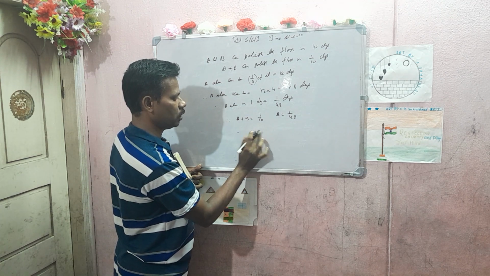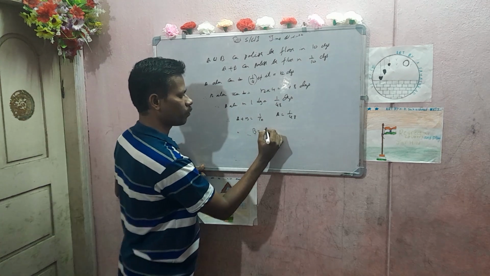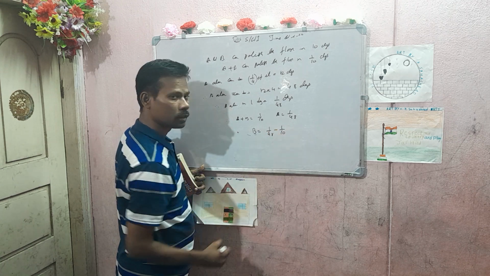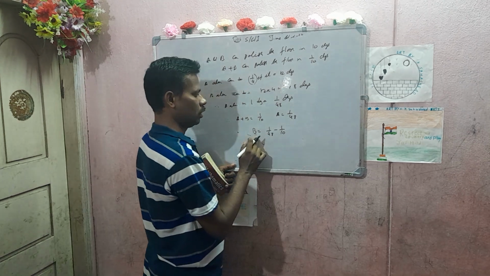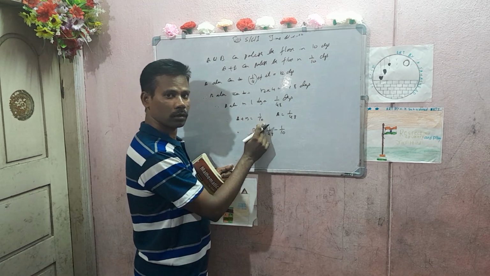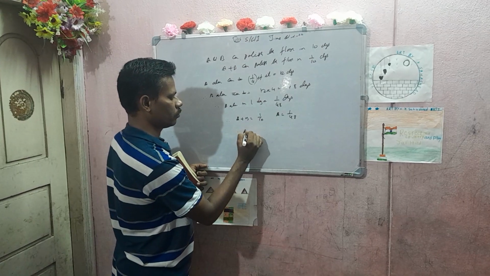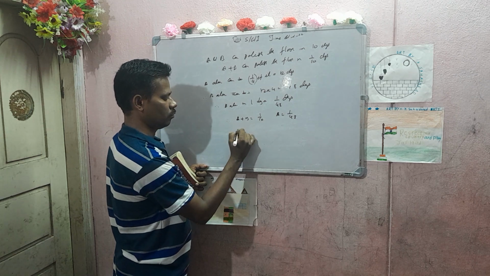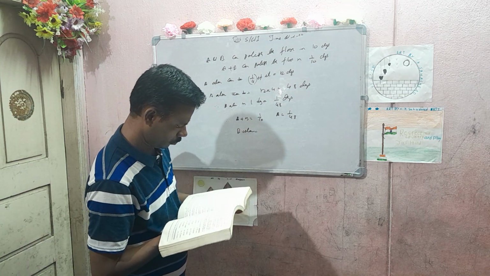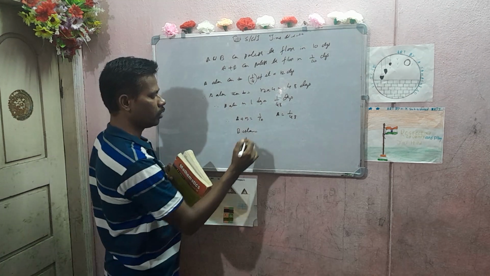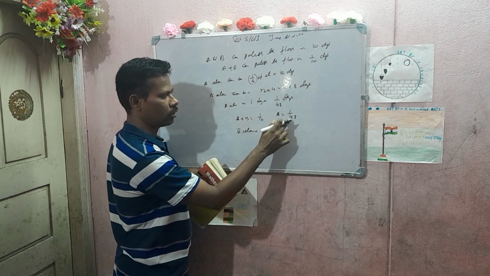He is asking B alone. B alone is equal to 1/10 minus 1/48. In how many days can B alone polish the floor? Why? Because this is the total, not this one.